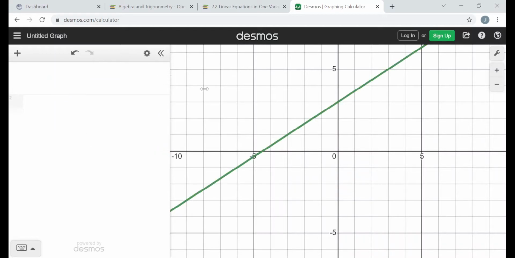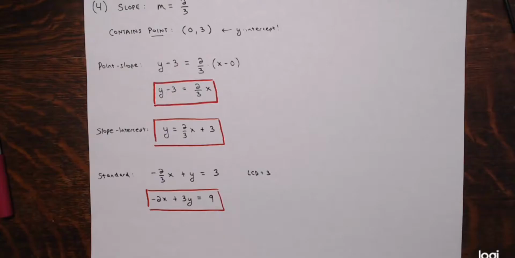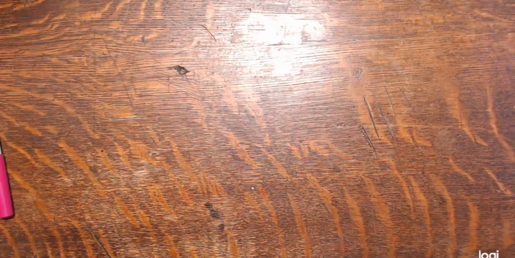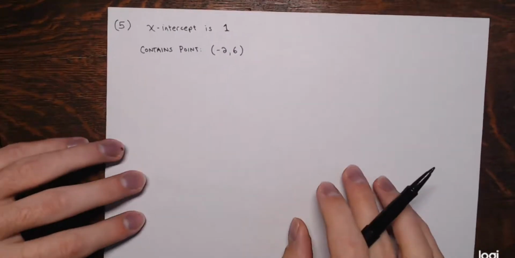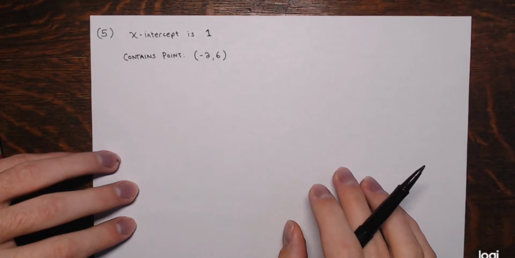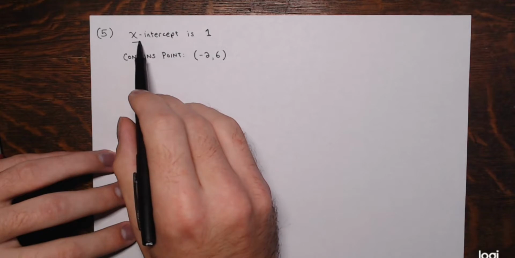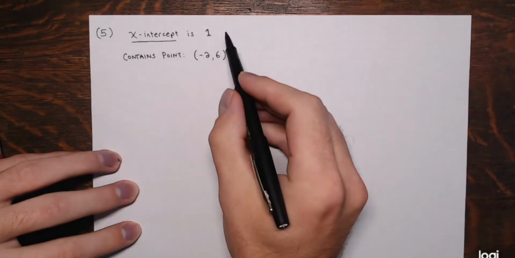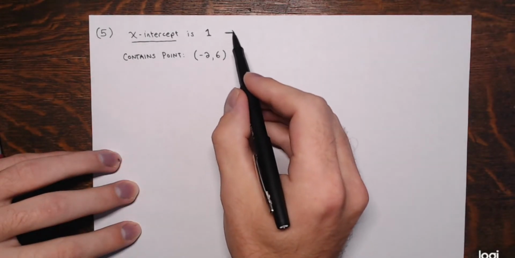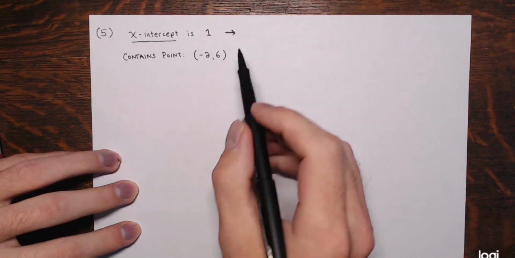Okay, so next example. All right, so this one's a little different as well. See, we're not given the slope, but we are given the x-intercept. Now, sometimes if they give you just a number, you can still tell me what point that is.